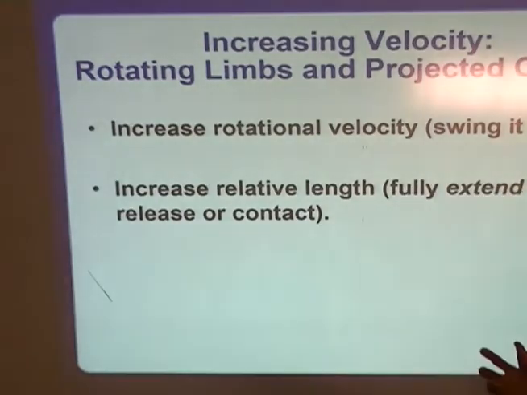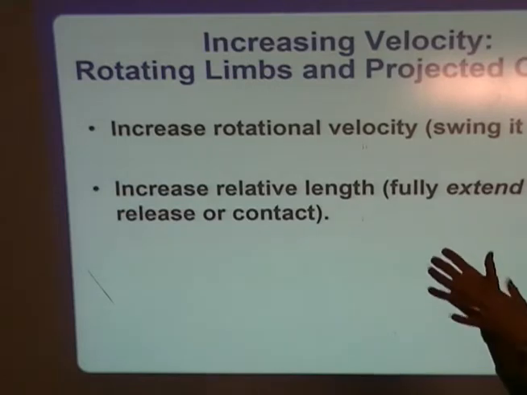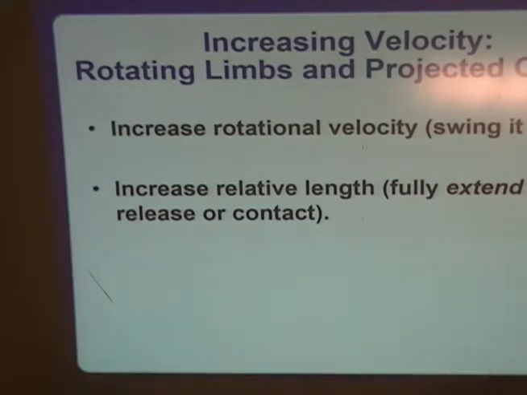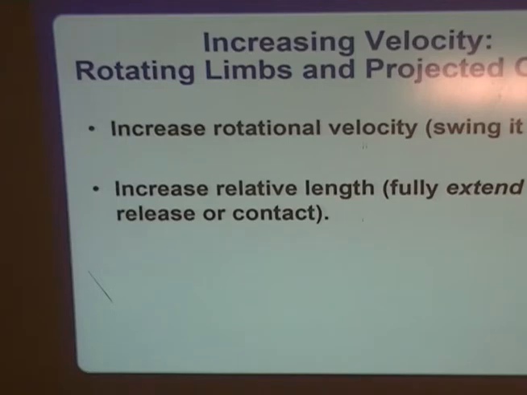So we can increase the linear velocity by increasing the rotational velocity, right? I have to draw you a diagram here. So we can increase rotational velocity, and that will increase linear velocity.